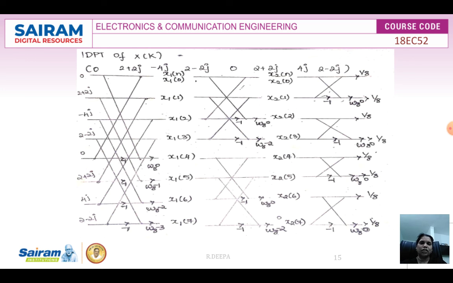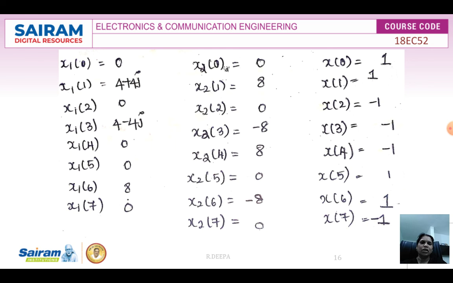So once again you need to write it in the normal order as x of n is equal to, starting with x of 0, 1, 2, 3, as 1, 1, minus 1, minus 1, minus 1, 1, 1 and minus 1. So this is how to solve the problems based on finding the IDFT using DIT, that is decimation in time, FFT algorithm.